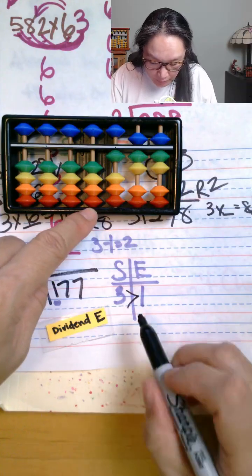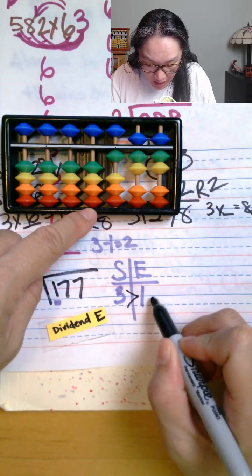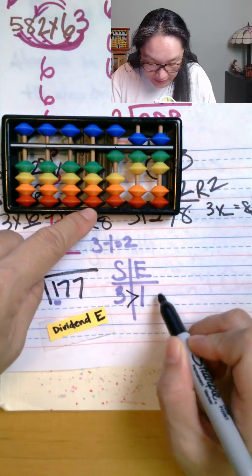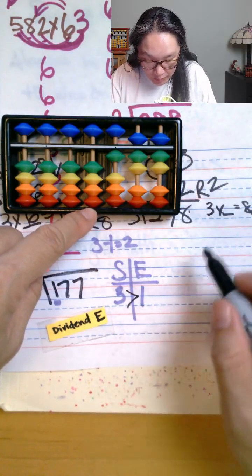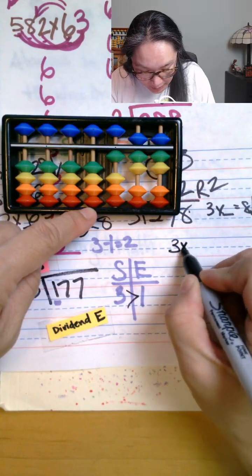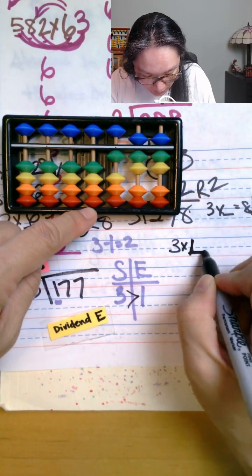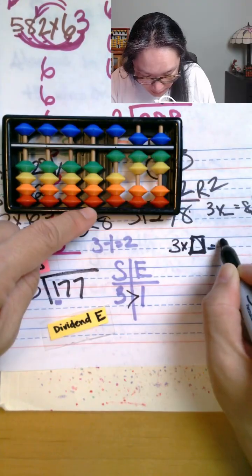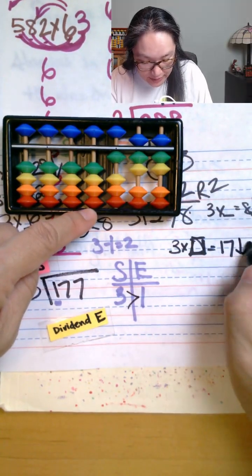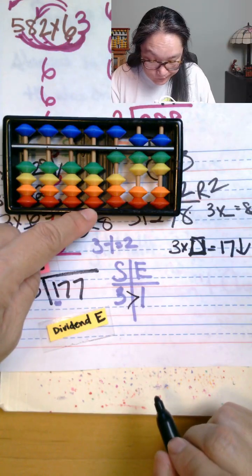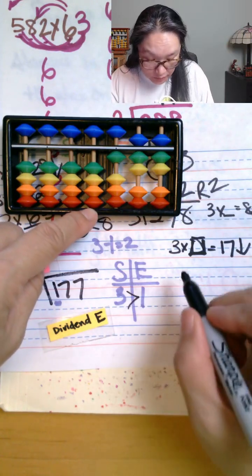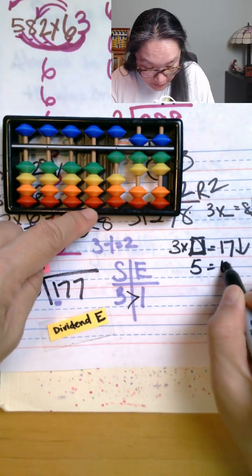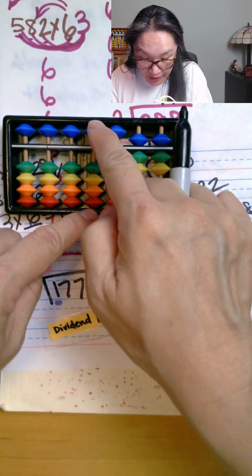So now we add our second digit, which means 3 times what is equal to 17 or less. 3 times 5 is equal to 15, so I put my 5.